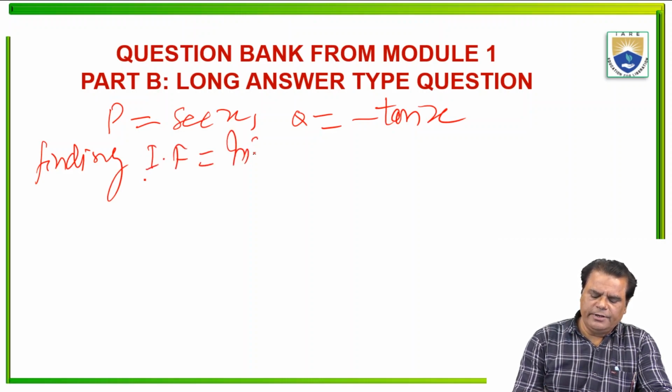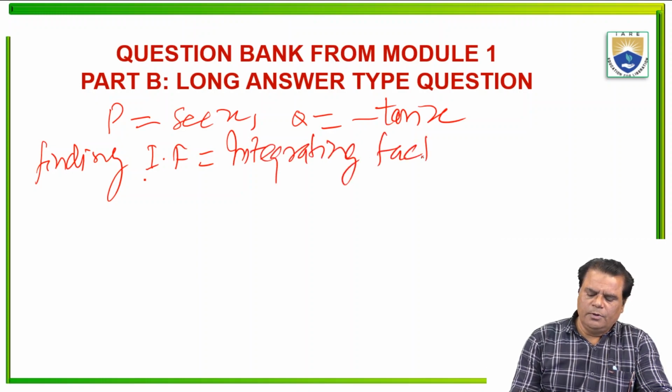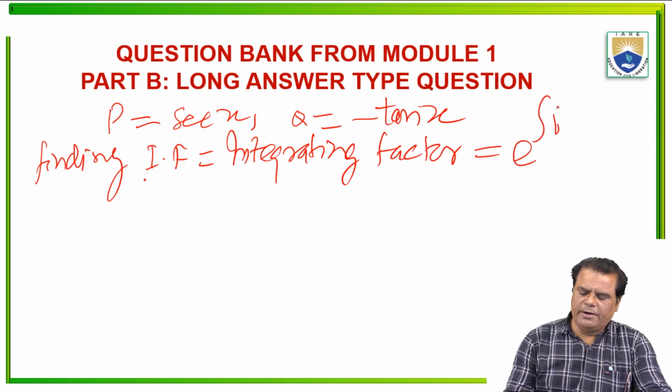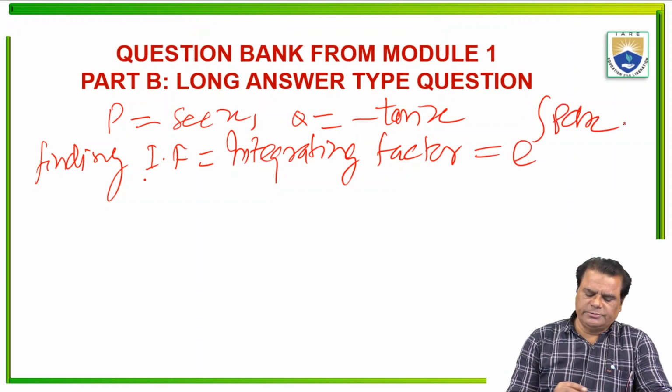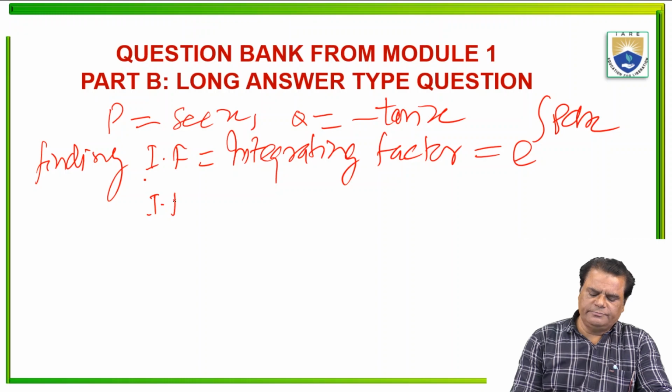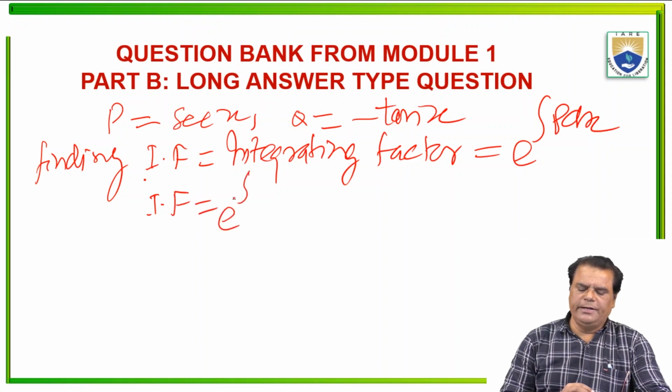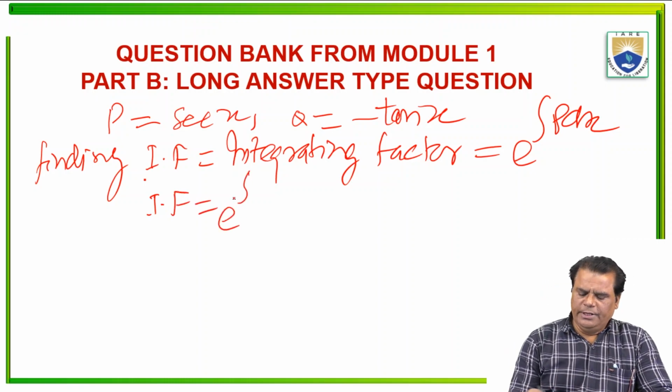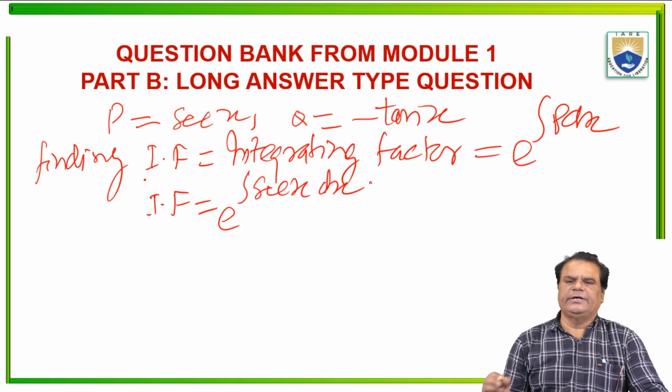Okay, now finding the IF. IF is the integrating factor, that is e to the power integral P dx. So IF is e to the power integral of sec x dx.